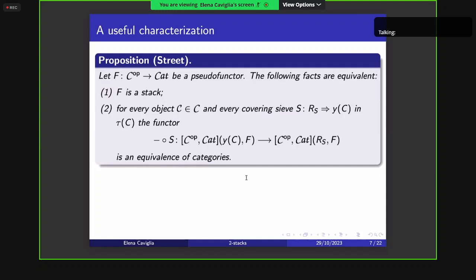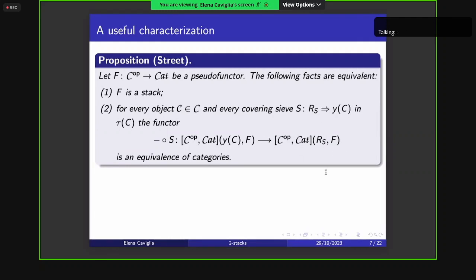And the idea of this characterization is that this object that we have here on the left is equivalent to F of C by the Yoneda lemma, while this object on the right is the category of descent data.